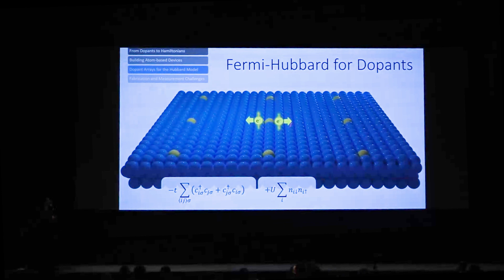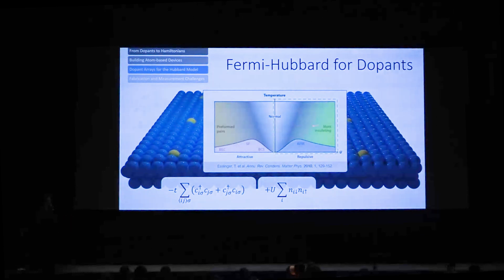The on-site repulsion term is just as simple as, well, if you put two electrons on one atom, they've got Coulomb repulsion, right? And so if we think about a phase space diagram, we're over here on the repulsive side. If we wanted to look at things on the attractive regime, we have to be pretty creative in how we make devices, and I don't know exactly how we would do that.